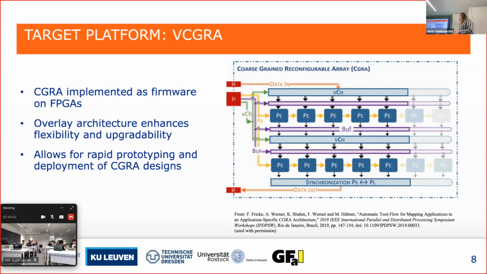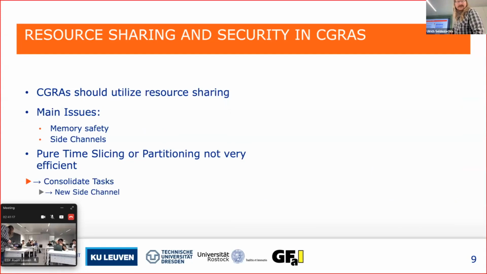And this is very flexible because we can adapt the size and shape of this array of processing elements, and that allows for more rapid prototyping. It also allows us to implement this packet processor directly on the FPGA, and there needs to be no additional chips on any setup we are trying it out on.